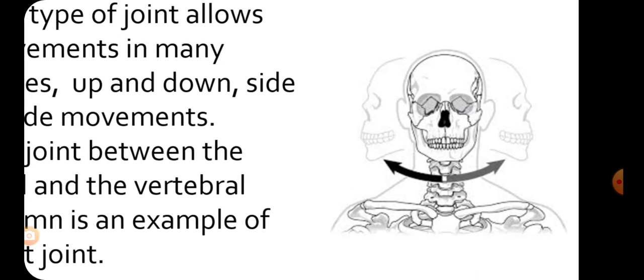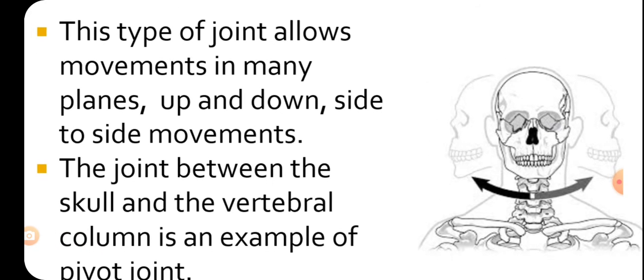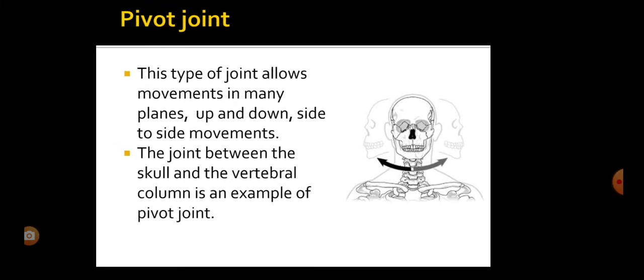As you can see in the diagram, the skull and the vertebral column are attached with each other. In our neck portion we can move our head up and down and side to side. So this is the pivot joint.